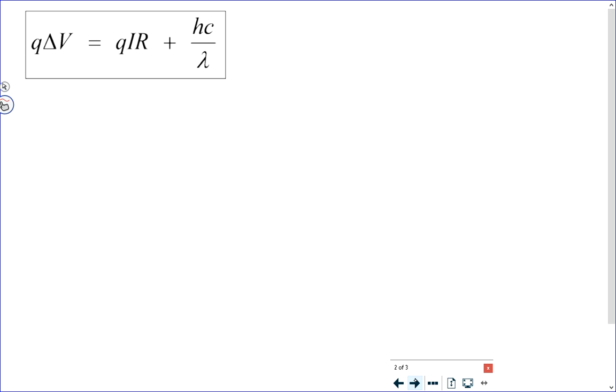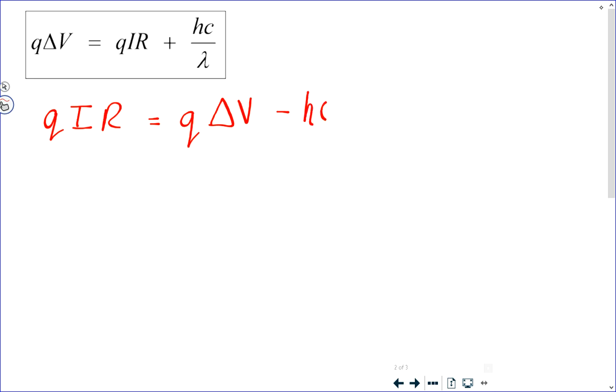Now, since we get a straight line, the mathematical equation is y equals mx plus b. If we are going to compare this physical equation to the mathematical equation of y equals mx plus b, we have to rearrange this equation for y. And our y variable is the current. So my first step in rearranging this is to write QIR equals Q delta V, and I'm subtracting from both sides hc over lambda.